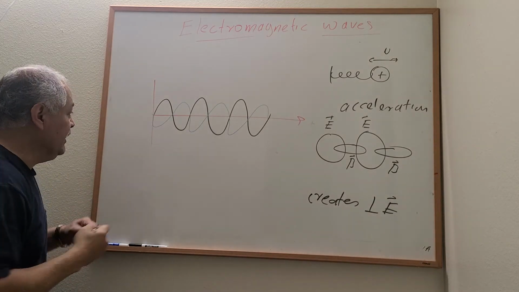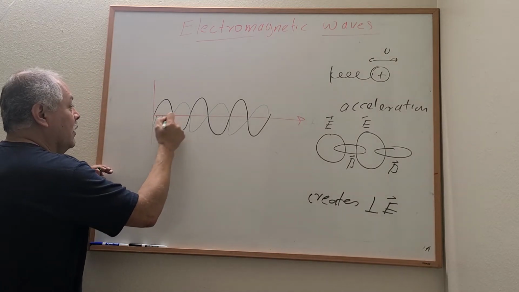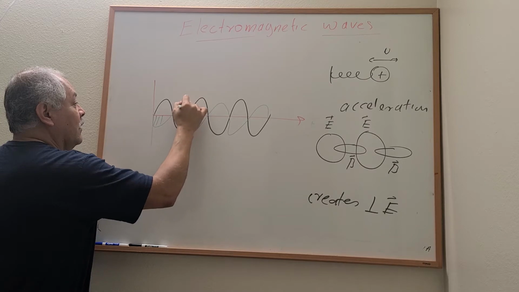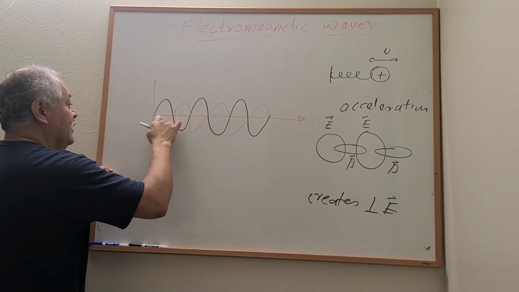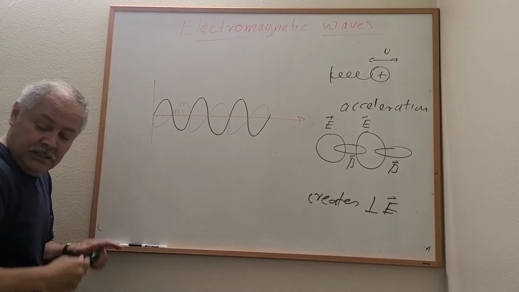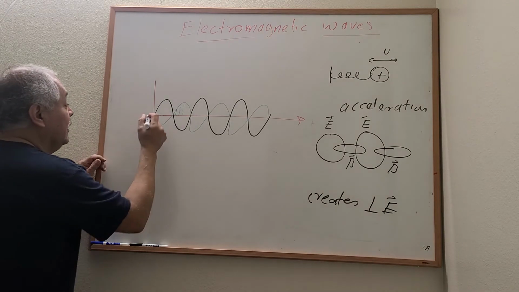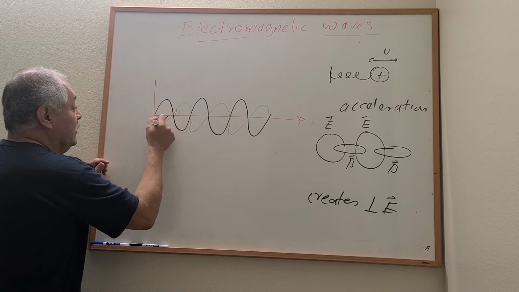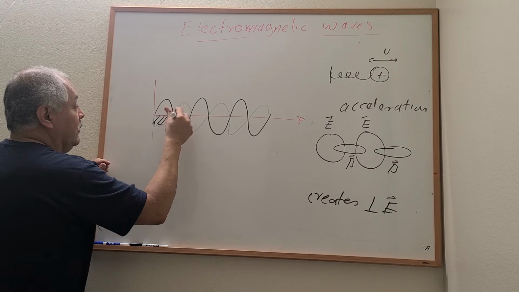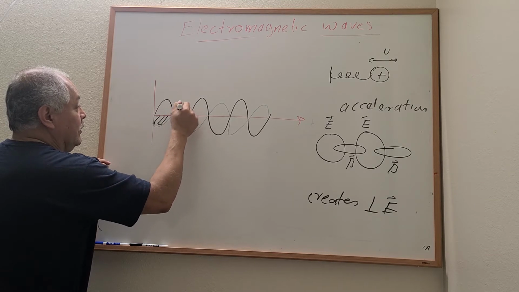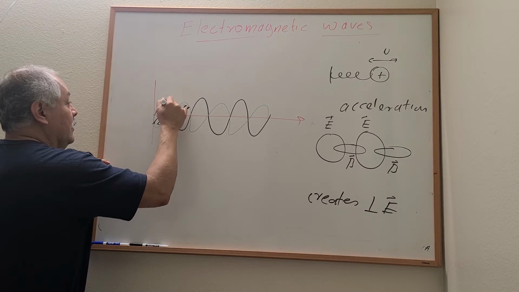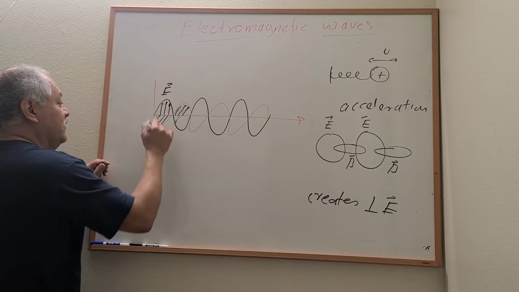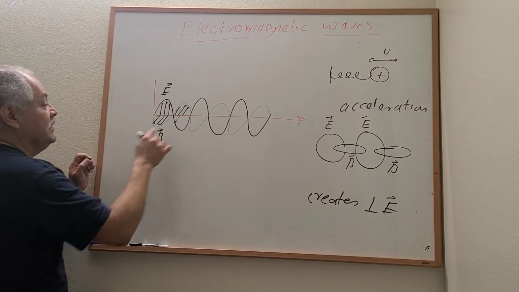So this is again the magnetic field, perpendicular. Let me do it better with this. Go like this, perpendicular to the electric field. This is the electric field, this is the magnetic field.